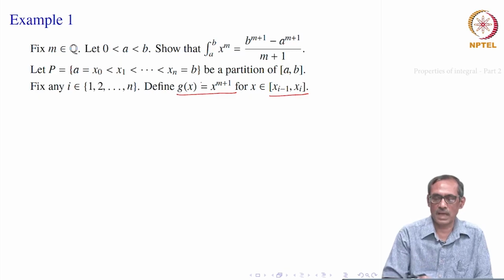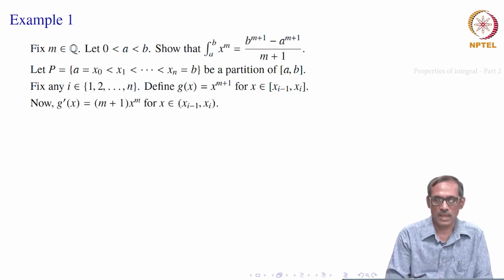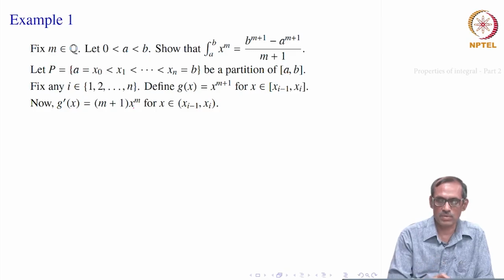We have done it in another problem earlier, when we found the integral of cosine x. So, now let g of x equal x to the power m plus 1 for x in x i minus 1 to x i. Now, g prime of x is equal to m plus 1 times x to the power m. So g is differentiable over the open interval, and for any point in the open interval we know its derivative.